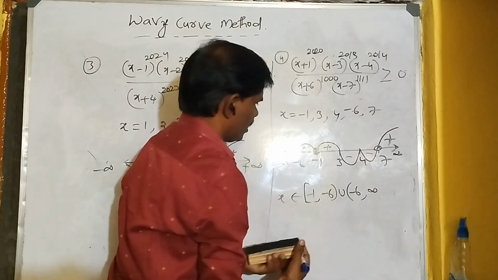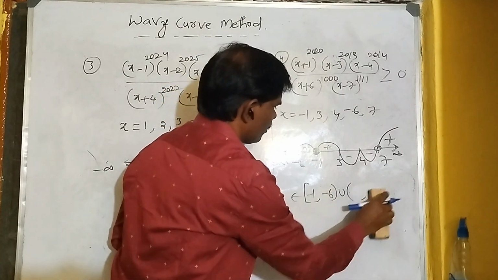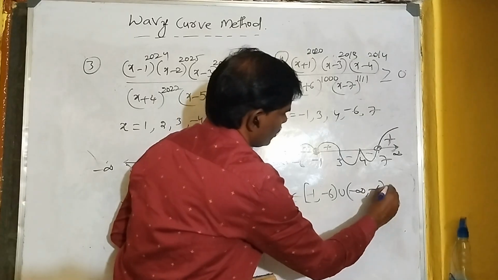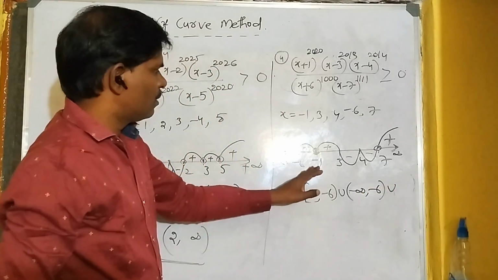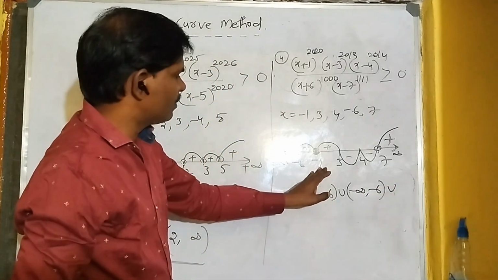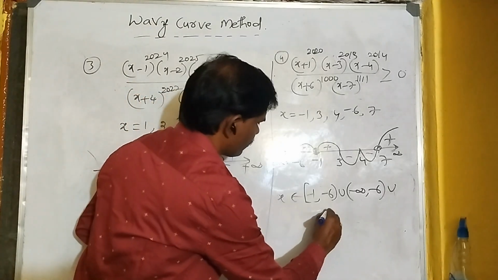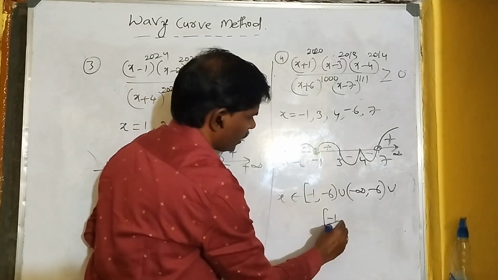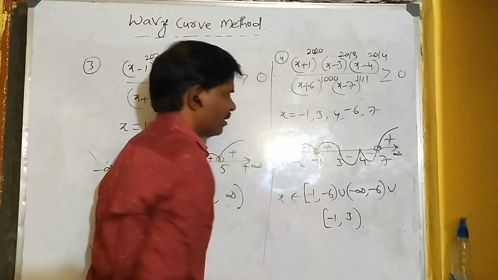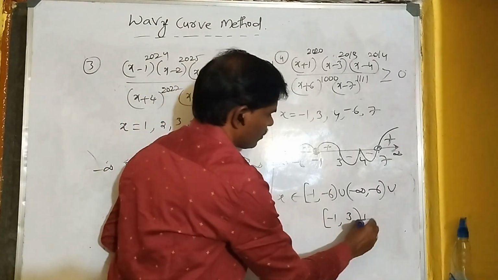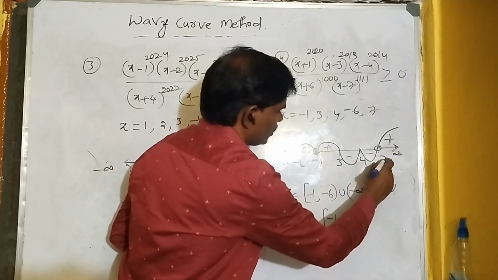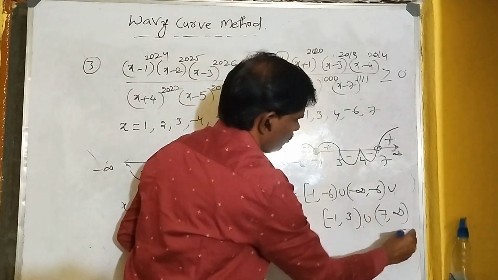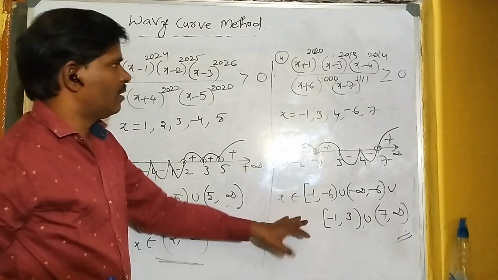This is minus infinity to minus 6, union. Next, minus 1 is the closed curve, minus 1 to 3, which is open at 3. Union, open interval 7 comma infinity. This is our answer.